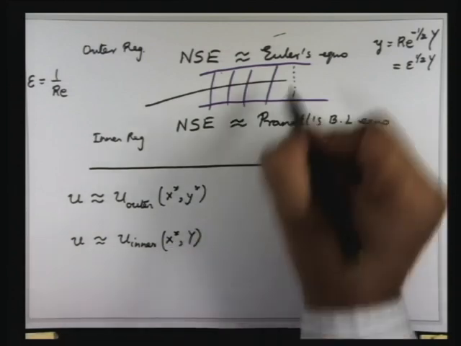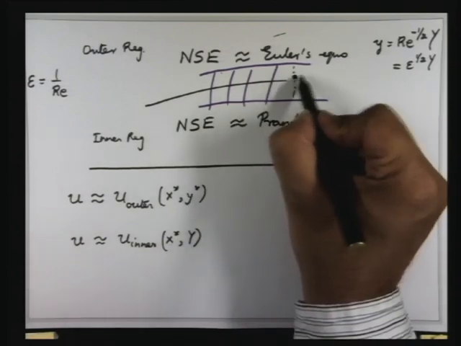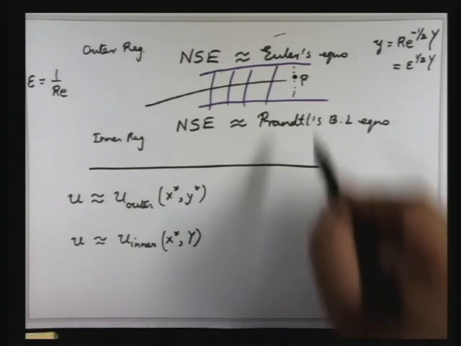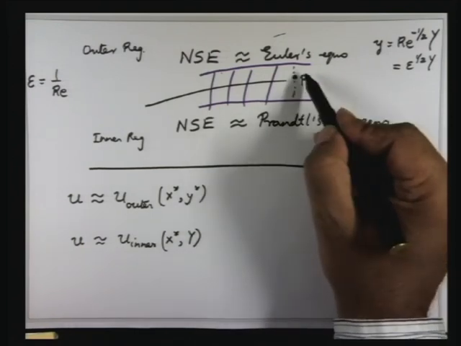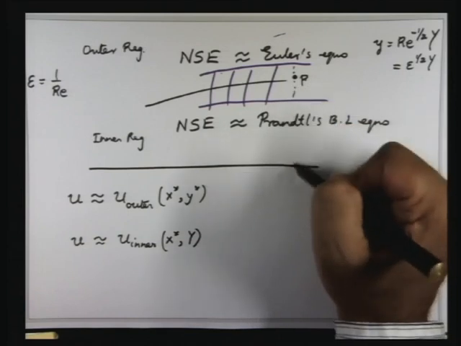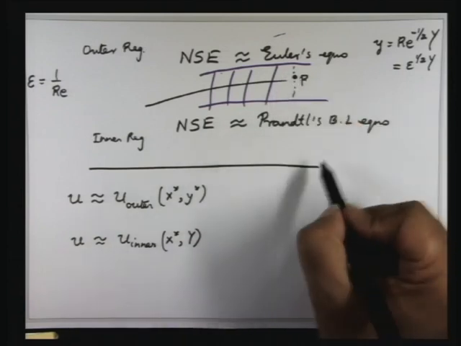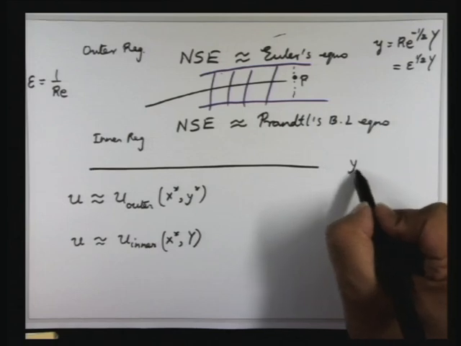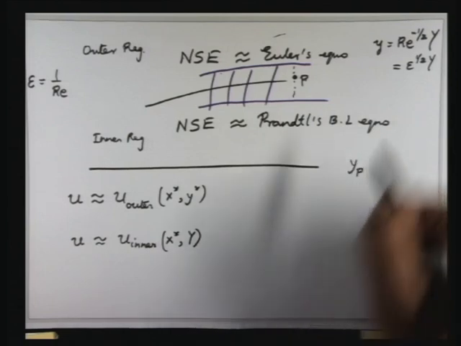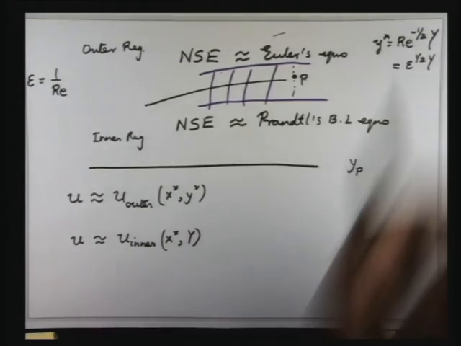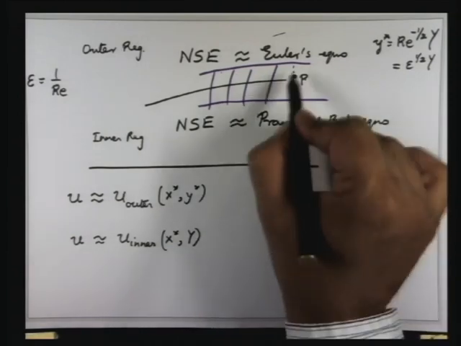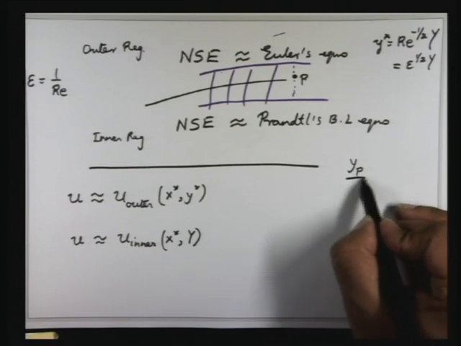Now, if I have a point here, say P, in the intermediate region, what would be its y coordinate? What is the y coordinate of this if I measure it on the L?